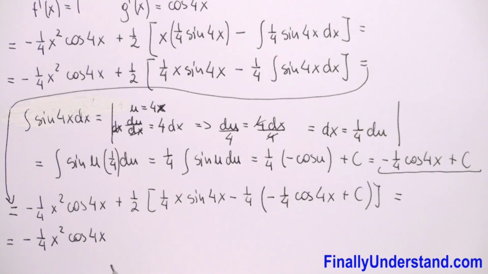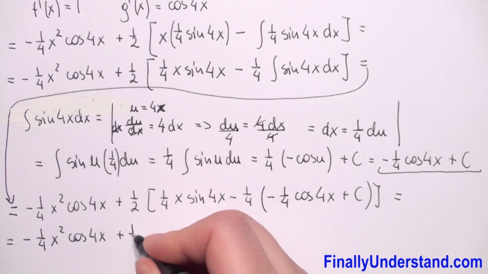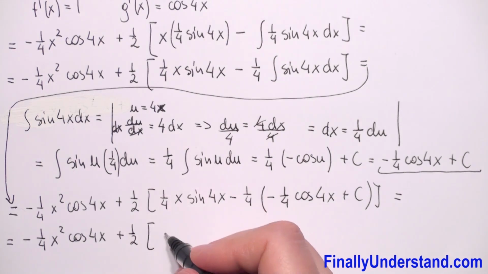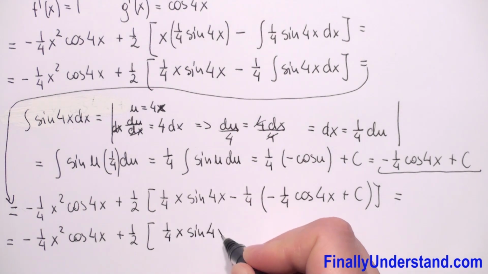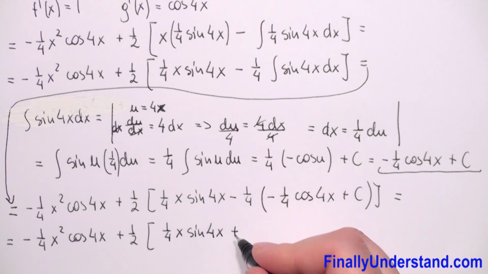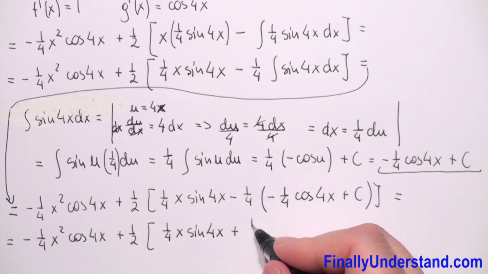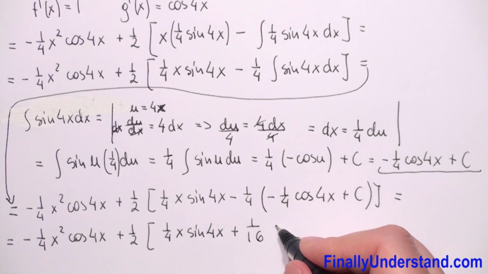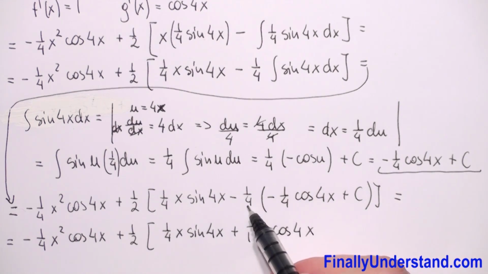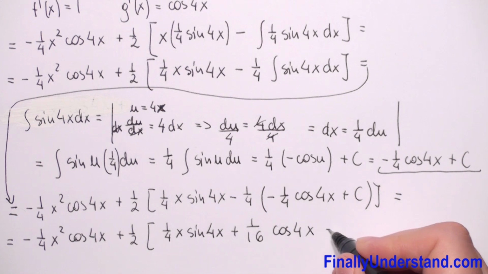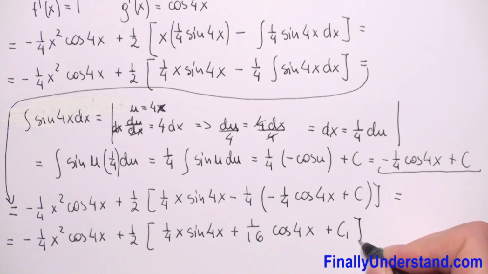Now we need to do multiplication. Let me start from inside. So we have 1 over 2, and in brackets we have 1 over 4x sine 4x. Negative and negative give us positive. Will be 1 over 16 cosine 4x. Constant times 1 over 4, it still will be constant, so I can put plus c1. This is equal.